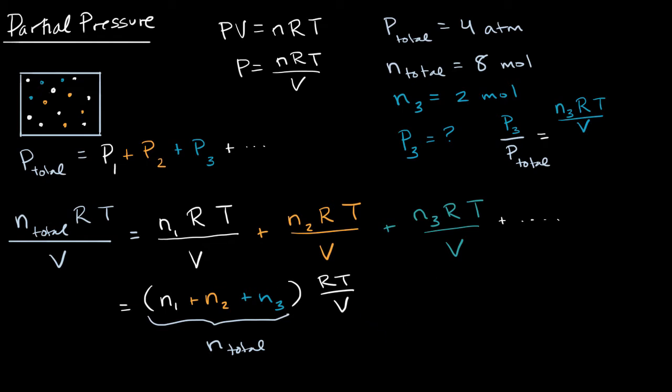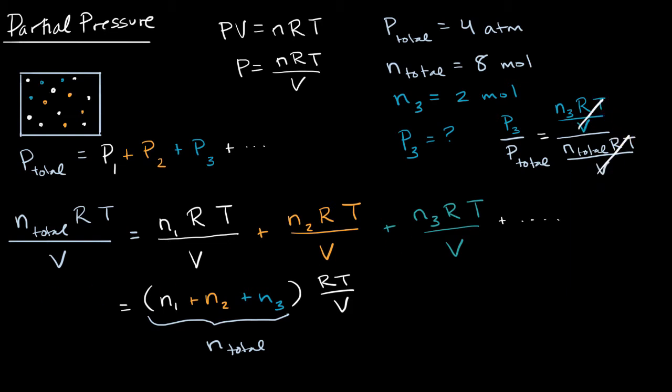And then the total pressure, well, that's just going to be this expression. So the total number of moles times the ideal gas constant times that same temperature, because they're all in the same environment, divided by that same volume. They're in the same container. And you can see very clearly that the RT over V is in the numerator and the denominator. So they're going to cancel out.